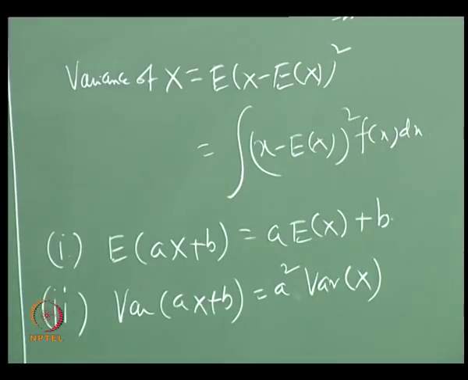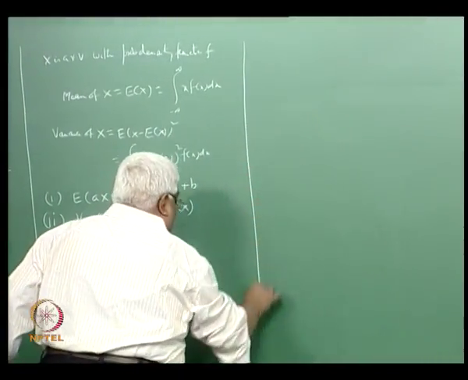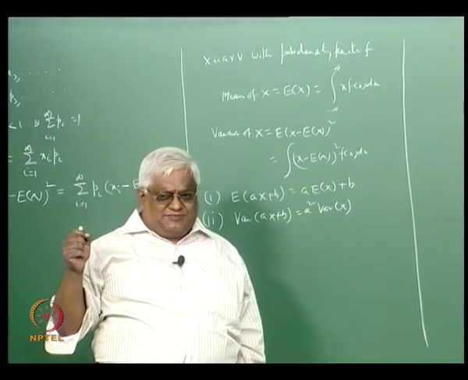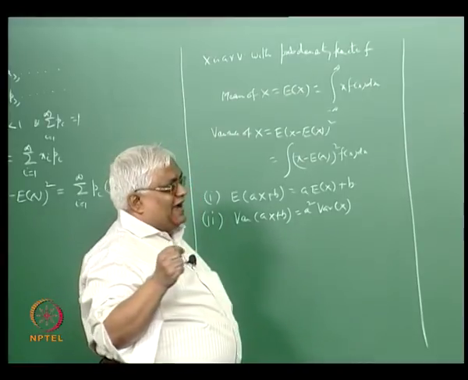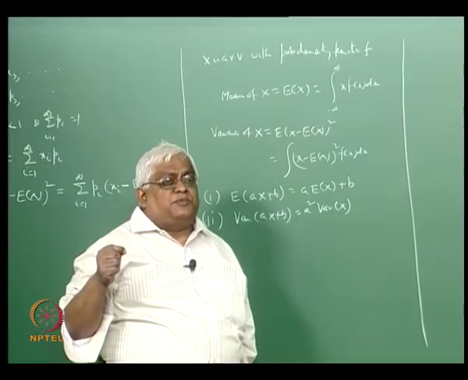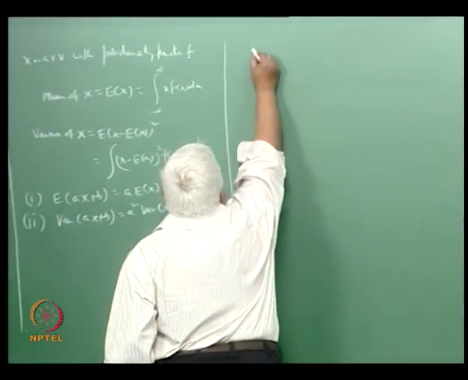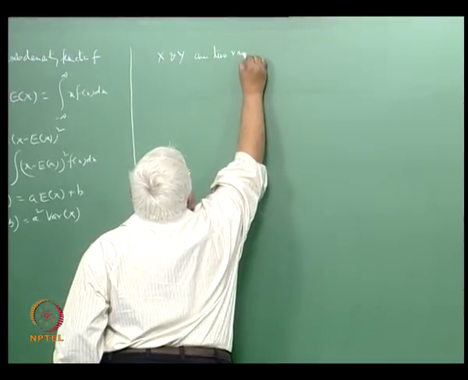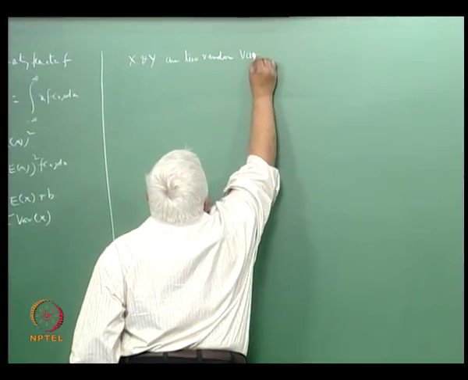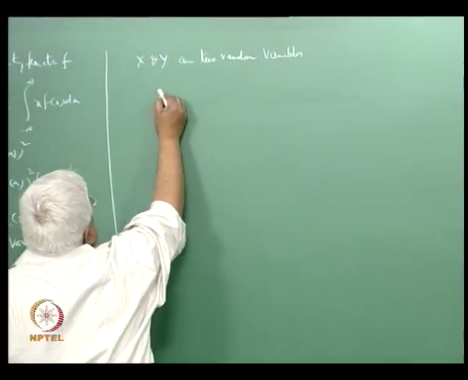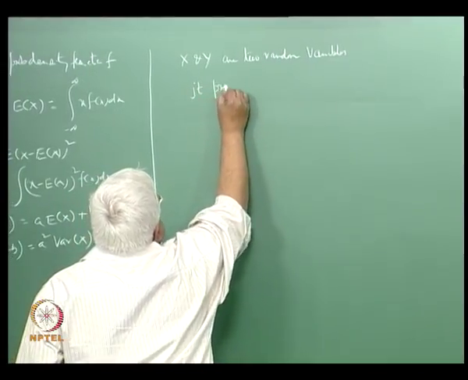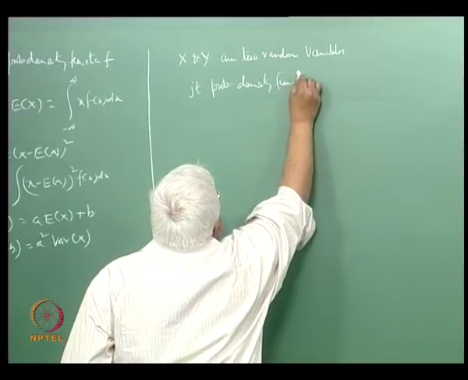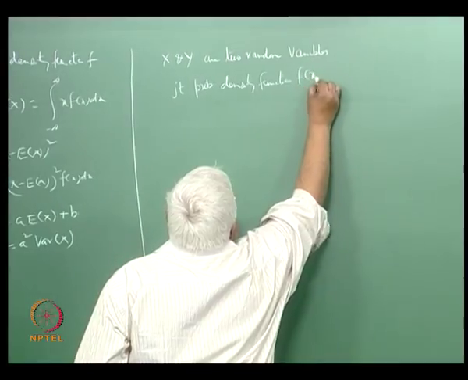Okay. Now let us have this covariance. For covariance you need to have two random variables X and Y, and you also need a joint probability density function. So X and Y are two random variables, and you have the joint probability density function f(x, y).